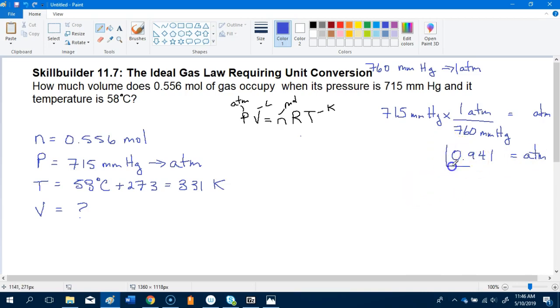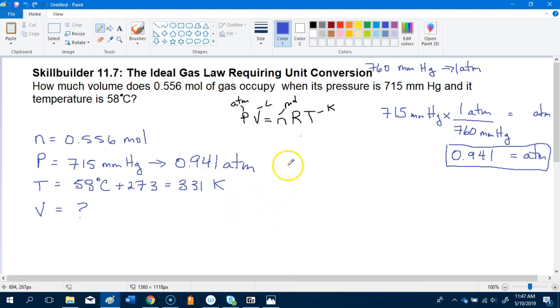So not quite 1 atmosphere. So that conversion for my pressure is 0.941 atmospheres. Now that my units are all in the correct type for this equation, I can now plug them in.